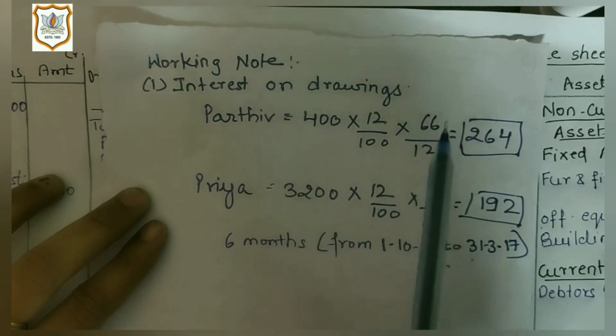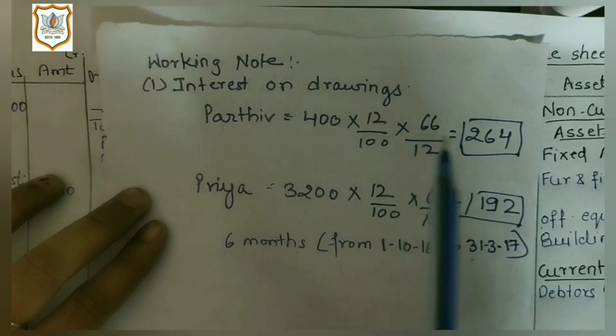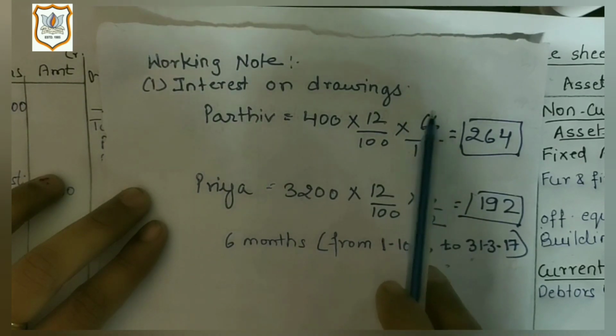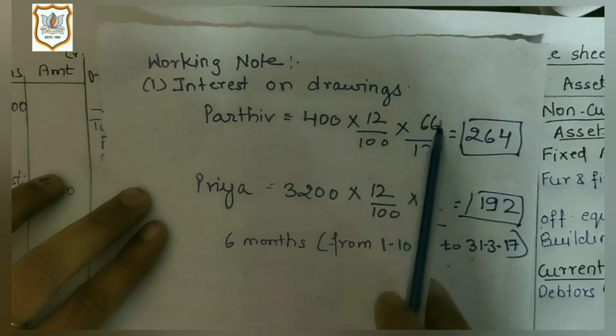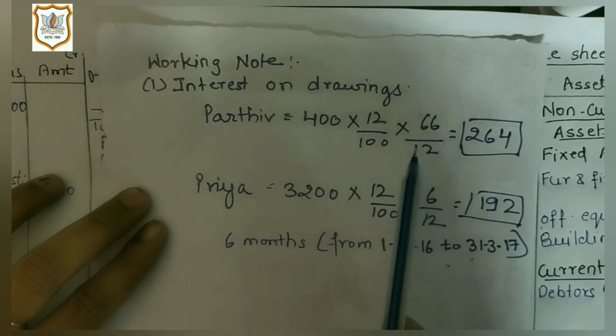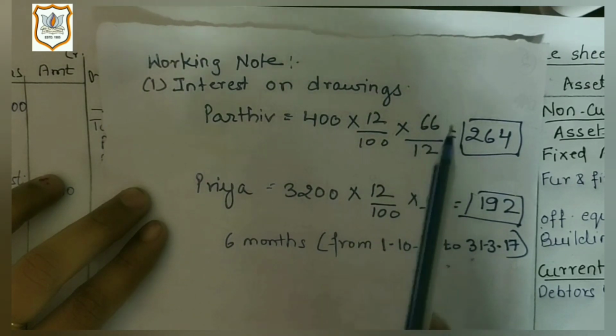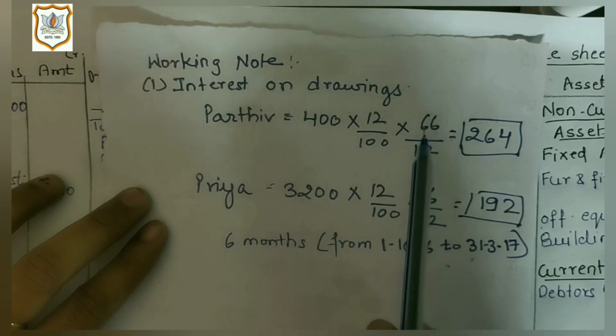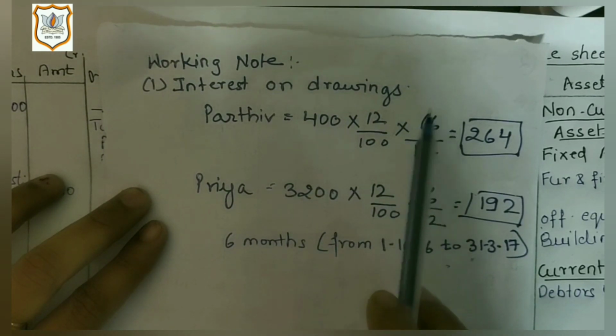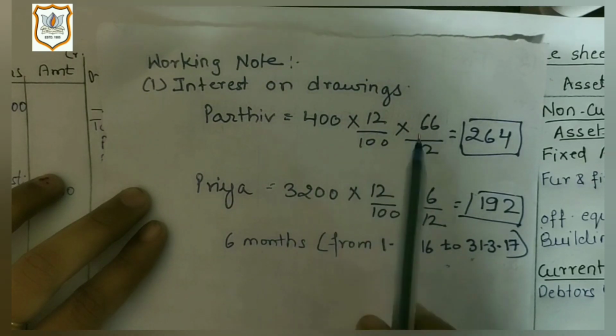If it is given that he is withdrawing at the beginning of each month, then we will take 78 upon 12 instead of 66 upon 12. But here it is given that he is withdrawing at the end of each month. That's why we are taking 66 upon 12, as I have explained to you in earlier chapter.